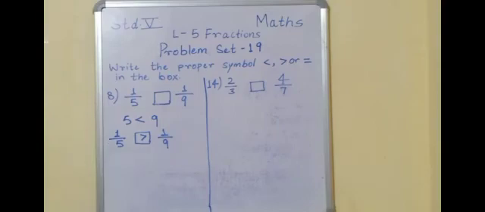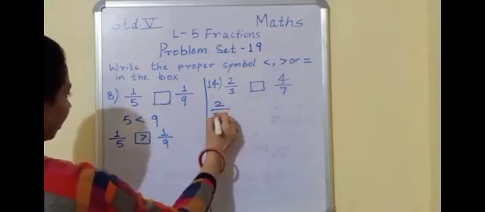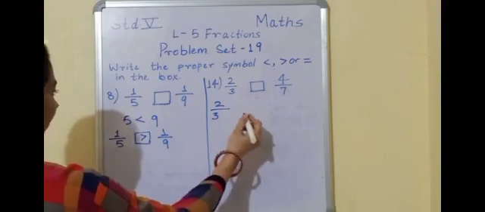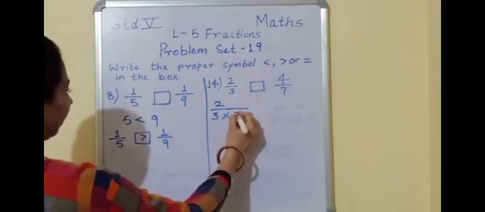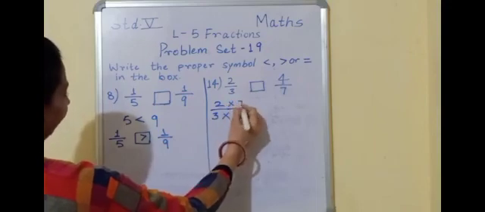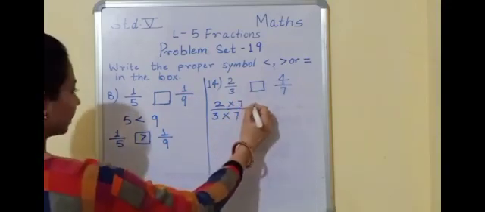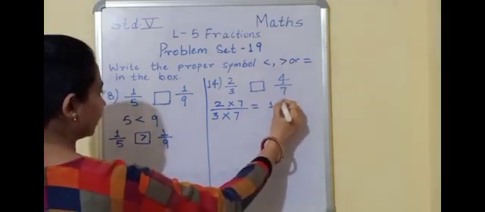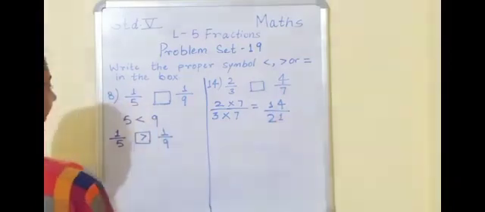So making the denominator 21 of both the fractions, taking 2 by 3, as 3 sevens are 21, so multiplying the numerator and the denominator by 7, we get 14 as the numerator and 21 as the denominator.